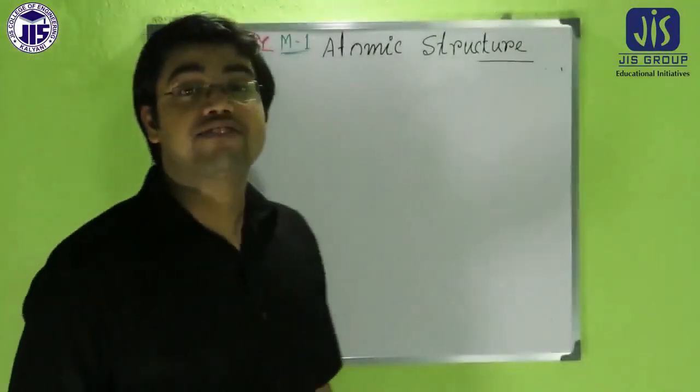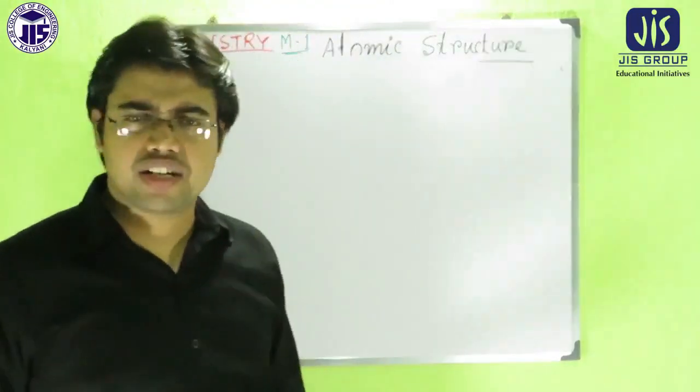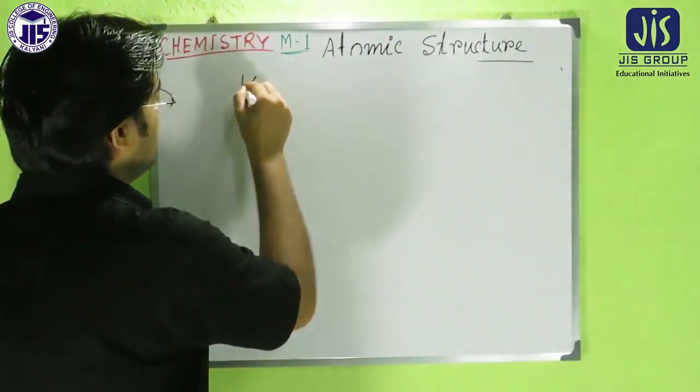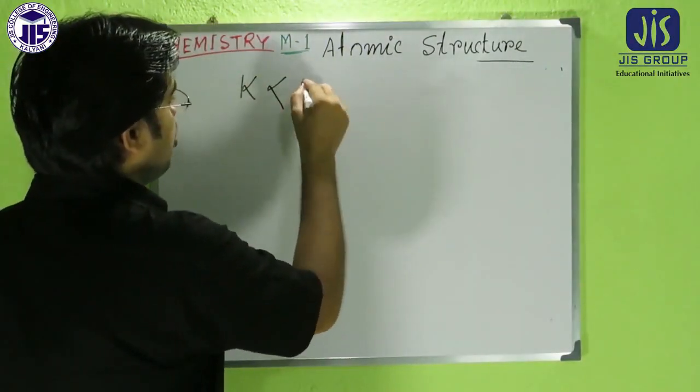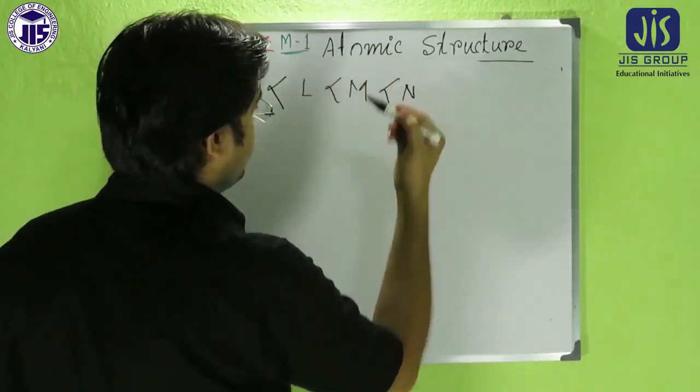Now if one electron jumps from a higher orbit to a lower orbit, we already discussed that with increasing principal quantum number, the energy of the orbit increases in that order: K, L, M, N, like that.